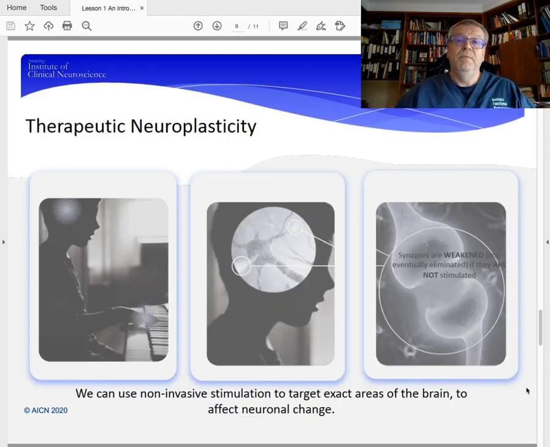Now, moving from neuroplasticity in general to therapeutic neuroplasticity, our goal is to take you to the point where you start to get a grasp of how you can therapeutically apply neuroplasticity to problems or dysfunctions that are happening in people. And this is the difference in this course from any other sort of neuroscience course that you might take.